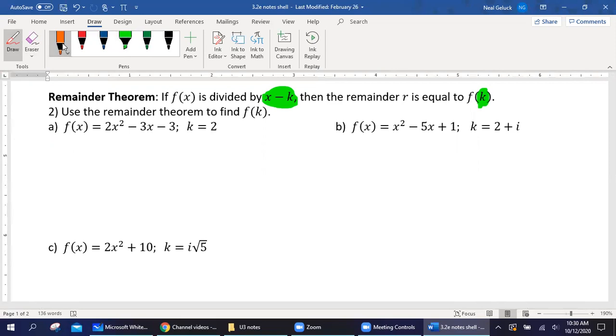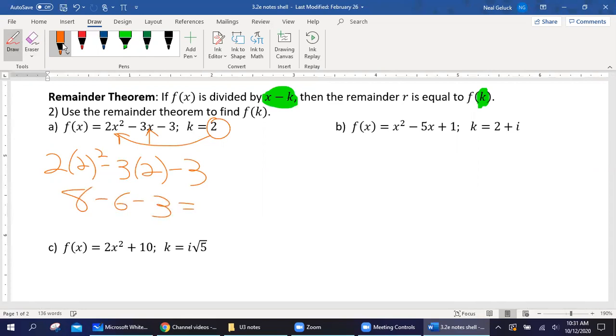So if k is 2, I'm going to throw 2 in for x. This would be 2 times 2 squared minus 3 times 2 minus 3. So if I run that, that's going to give me 8 minus 6 minus 3, negative 1.